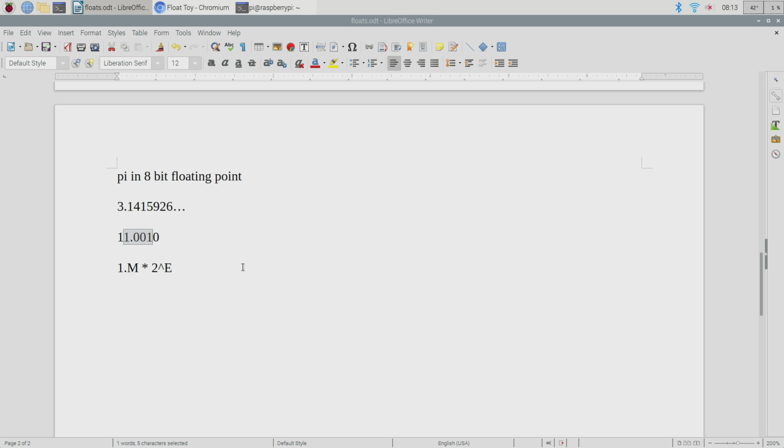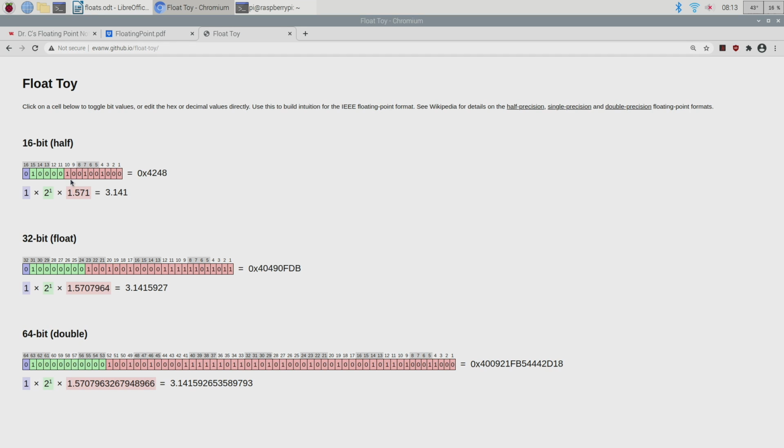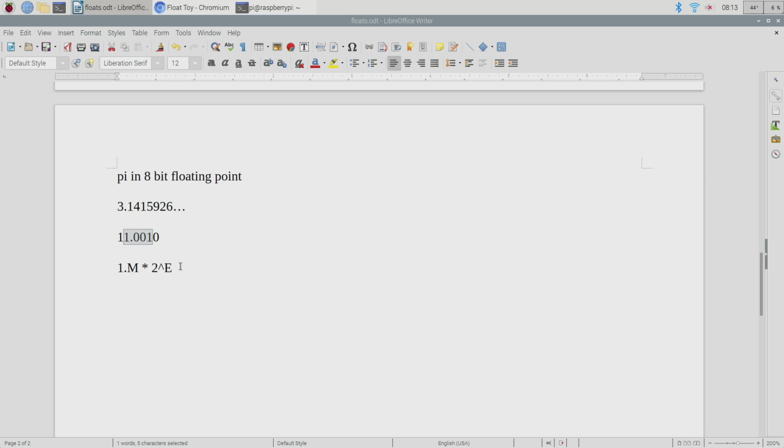But if we continued the process, that's how we would get the mantissas that you see here. There are just more bits to work with. So what's our mantissa? 1001.